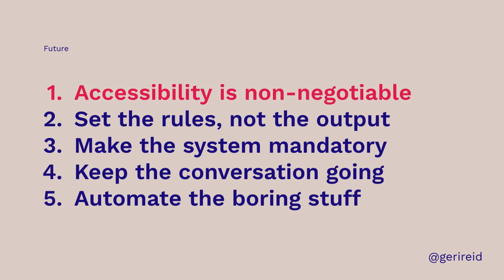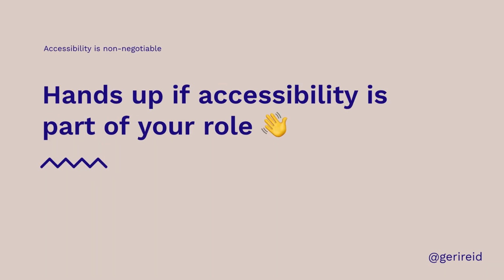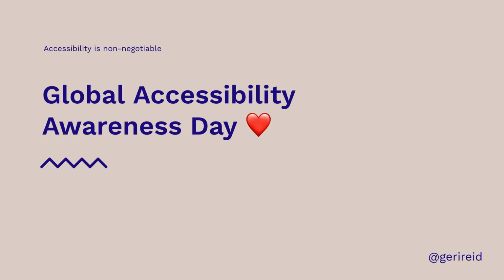First up, accessibility is non-negotiable. I was going to ask you to put your hand up if accessibility is part of your role, but I can't see anyone. So I'll just imagine that's everyone. As Michelle mentioned, today is Global Accessibility Awareness Day, which is an occasion to get everyone talking, thinking, and learning about digital access and inclusion.